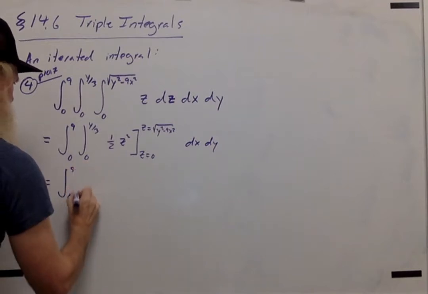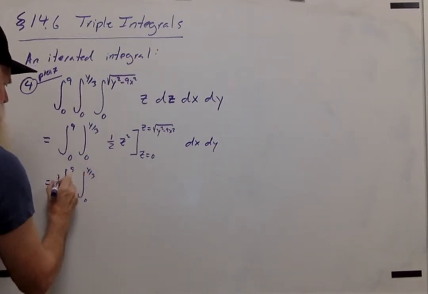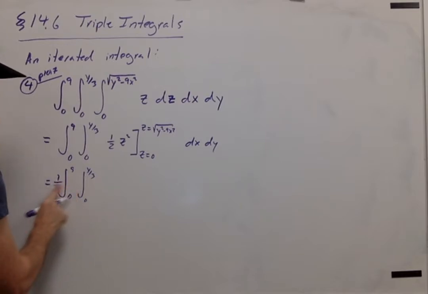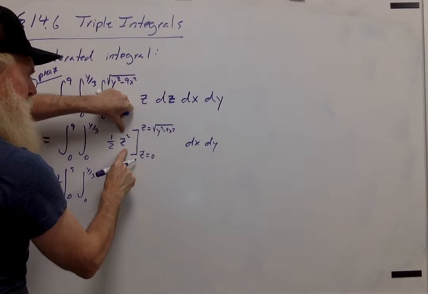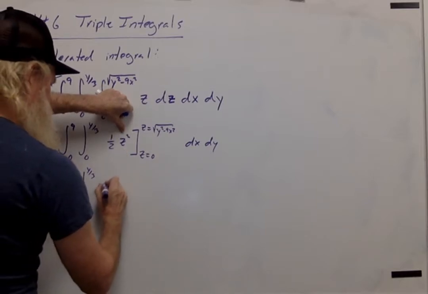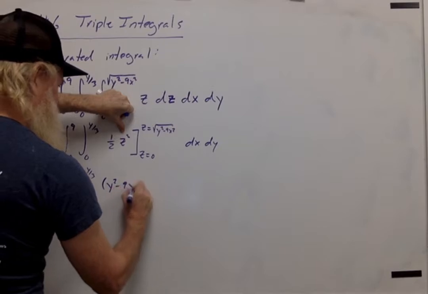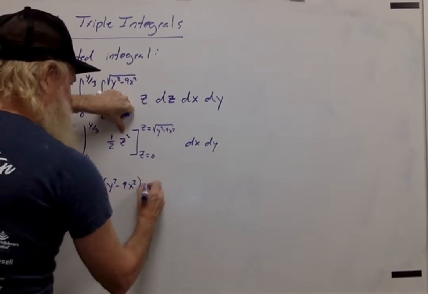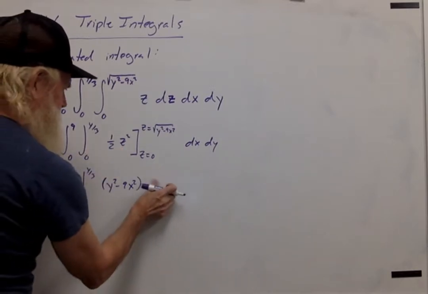I plug in the endpoints and subtract. I can pull the 1/2 to the front. First I'll plug in the square root of y squared minus 9x squared. So when I square that, I get y squared minus 9x squared. Minus, I plug in z equals 0, and that gives me 0.